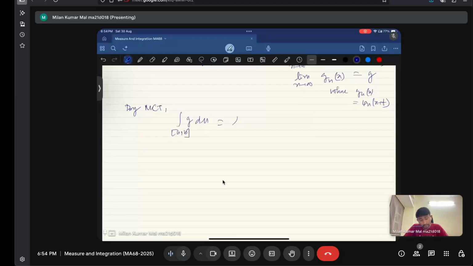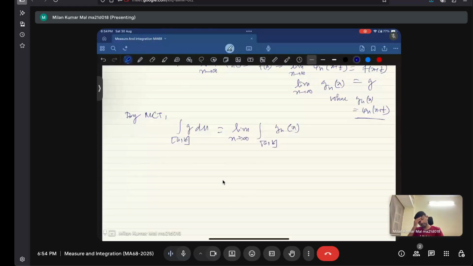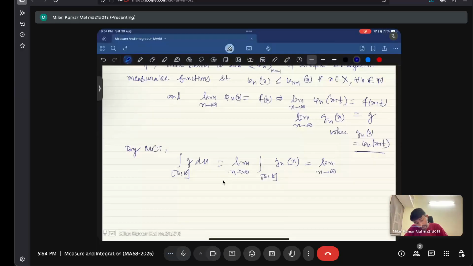Now, as the above fact is true for the simple function phi n, where gn of x equals phi n of x plus t, one can write it as the limit as n tends to infinity of the integration from a plus t to b plus t of phi n of x d mu x, so I can write it as clearly.